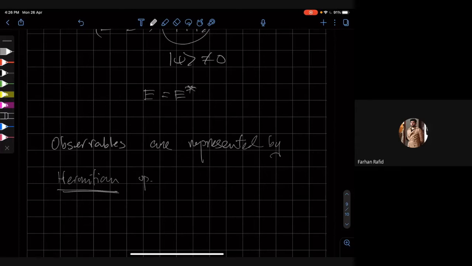Although complex numbers play a very important role in quantum mechanics, in fact you can't really do quantum mechanics without complex numbers, it turns out that when we do experiments, we always get real numbers.